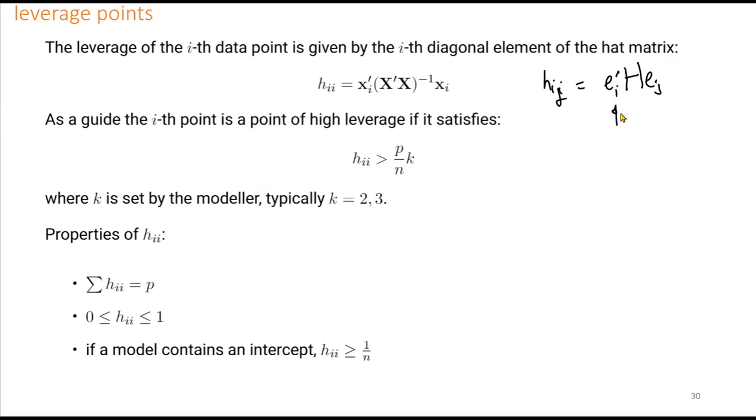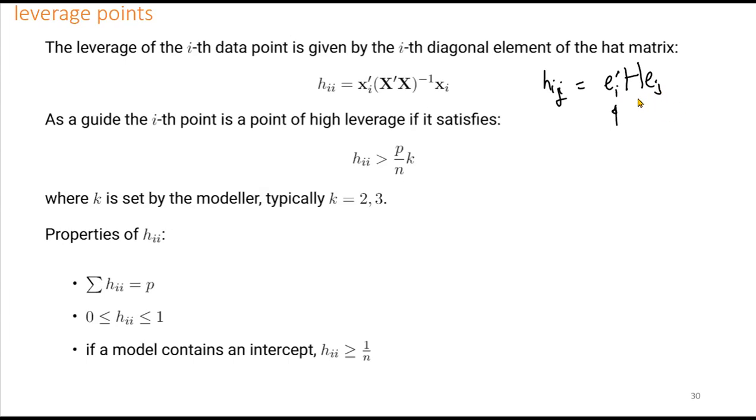This one is a row vector where you have 1 in the ith position and 0 everywhere else. This one is a vector where you have 1 in the jth position, 0 everywhere else.